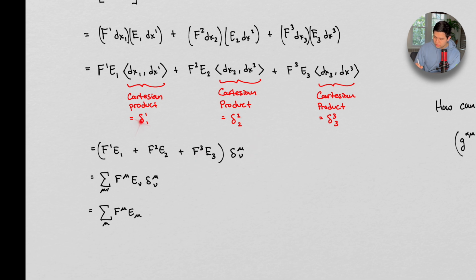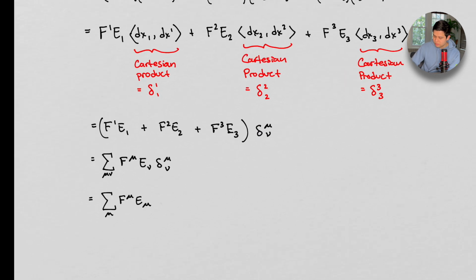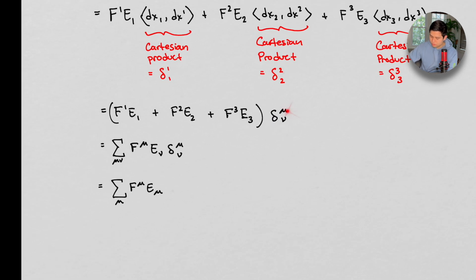So these are just Kronecker deltas. We take the Kronecker delta out and we can generalize all these guys to mu nu, and we get something that looks like this. Given the Kronecker delta, it is 0 for everything except when mu is equal to nu.